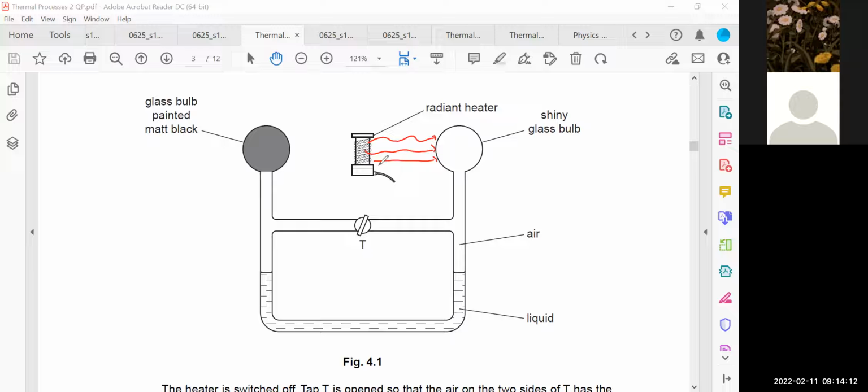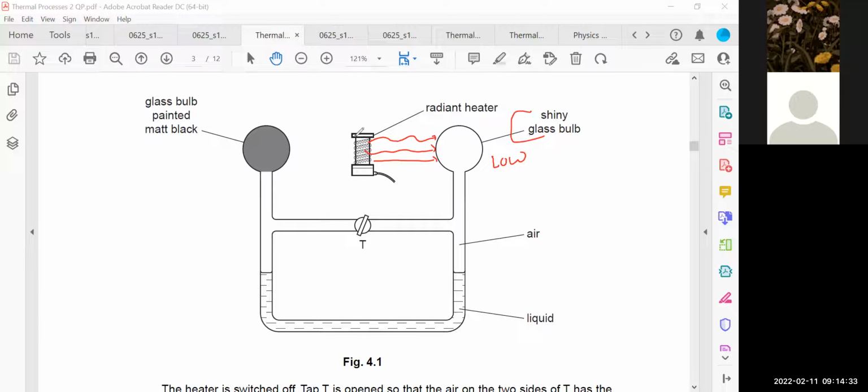So the temperature is not increasing too much towards the shiny glass bulb. Temperature remains low. I will write here: low temperature. Maybe a slight temperature increase, but we can neglect that.